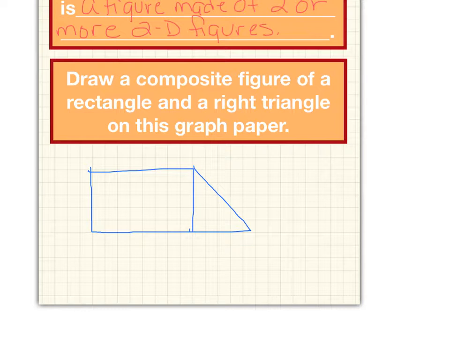Then I'm going to erase this line in the middle between the two figures, and that's going to be my composite figure. You can see that my composite figure is composed of the rectangle, which is right here, and then the triangle, which would have been right here. Okay, that's a composite figure.